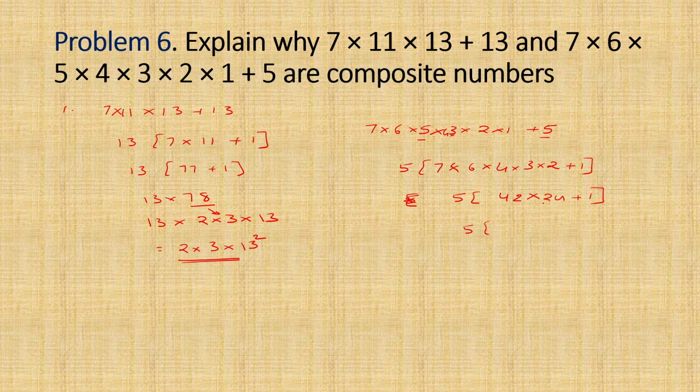So 5 into 42 into 24 plus 1. Okay, we got 1009.